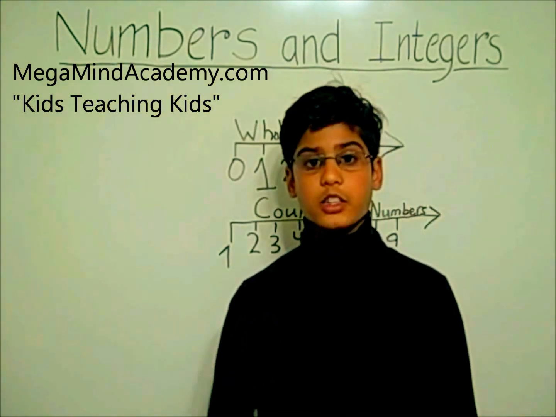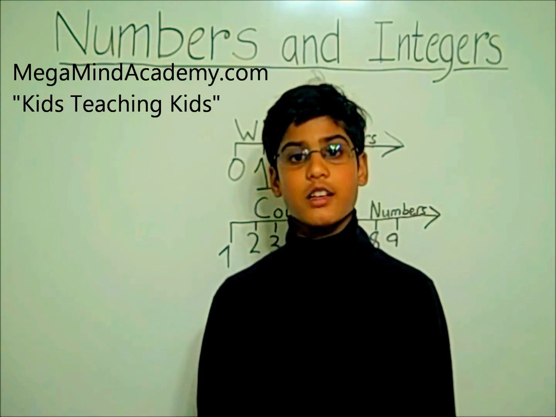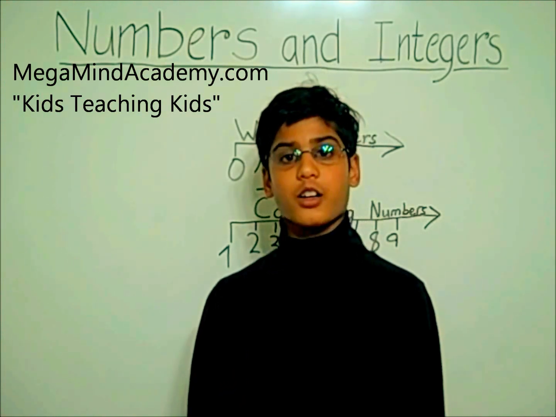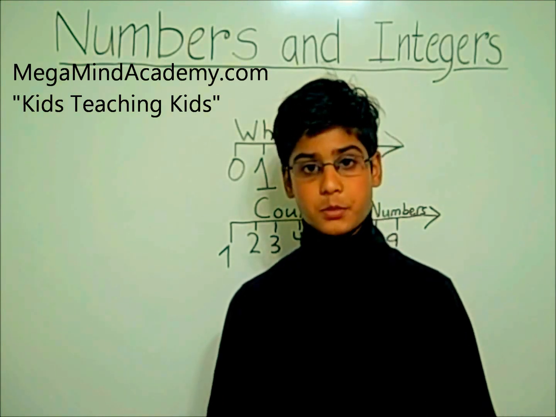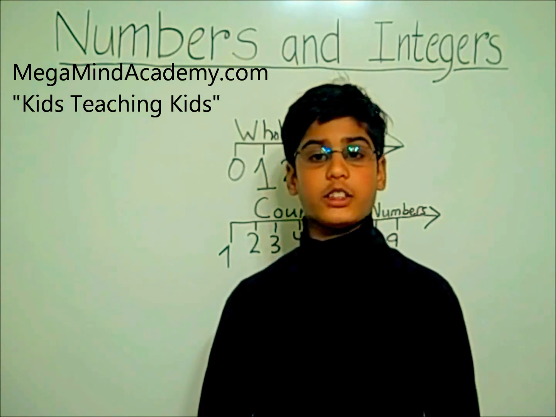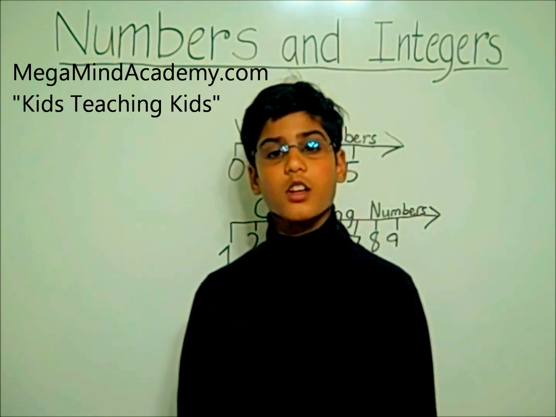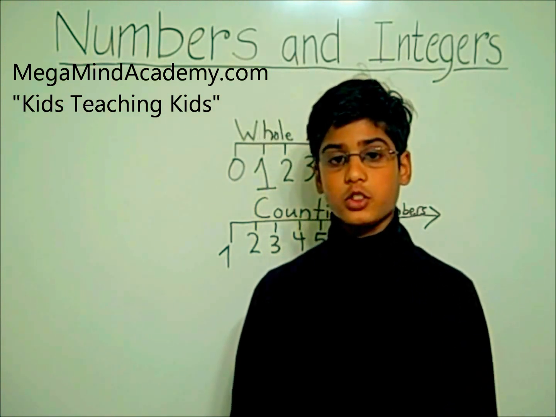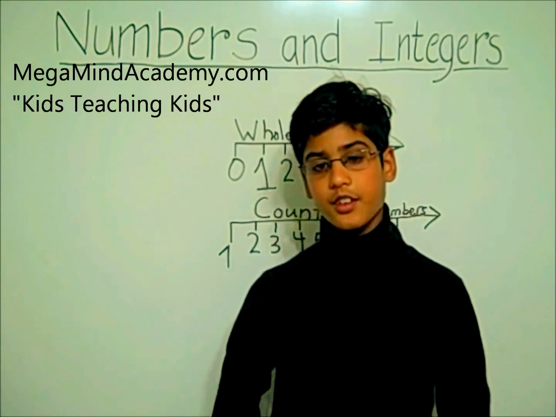Now let's learn about the third kind of numbers, natural numbers. Natural numbers are either whole numbers or counting numbers. So that means that natural numbers are 0 and above. So that means that natural numbers don't include negative numbers or fractions.